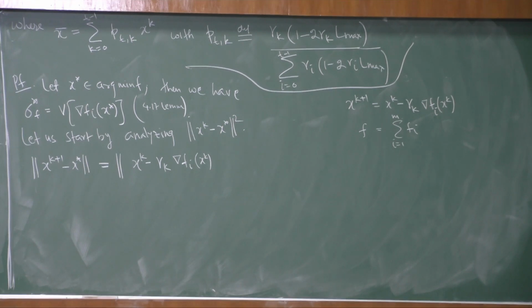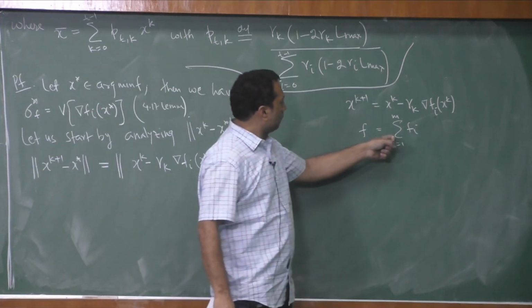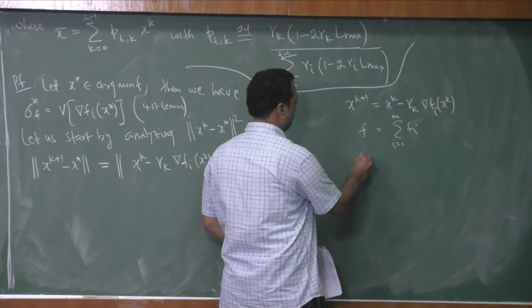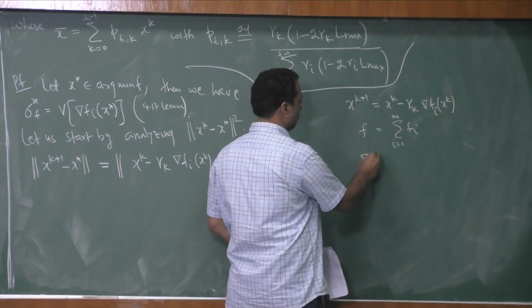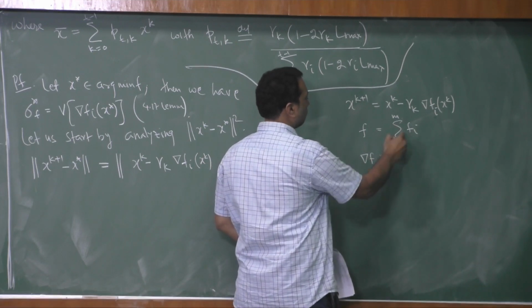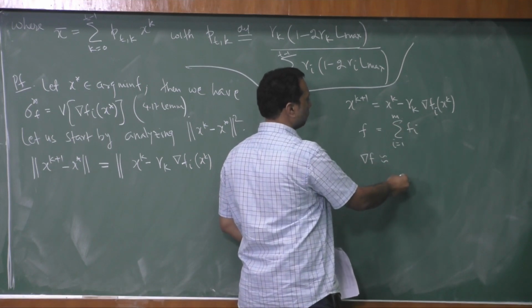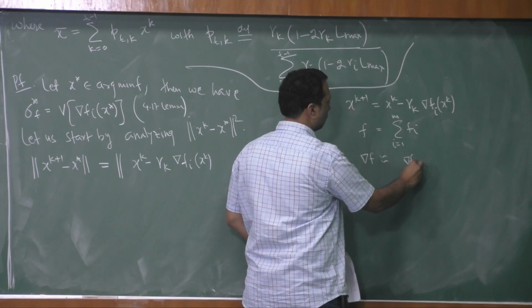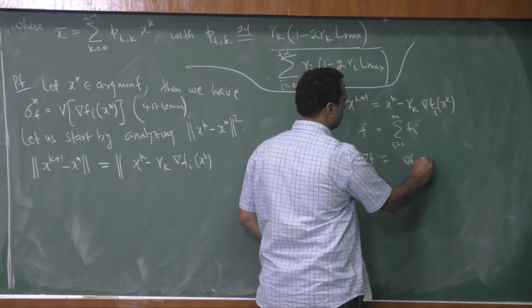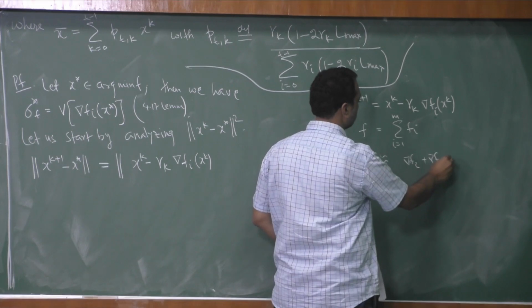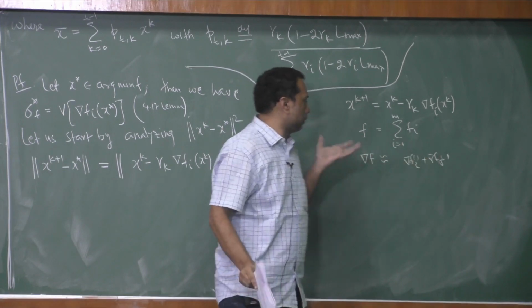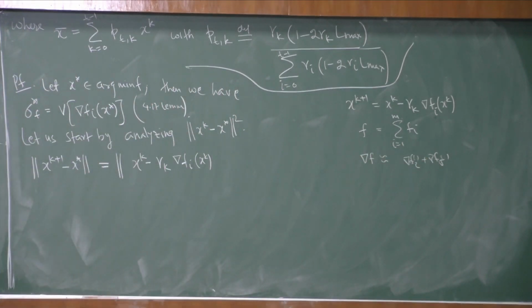One SGD variant is when I take some k out of m samples. When I'm considering the gradient, I consider the gradient on only some of the samples. For example, I may take grad f_2 plus grad f_5, and consider that as an approximation of f, taking the second and the fifth sample.